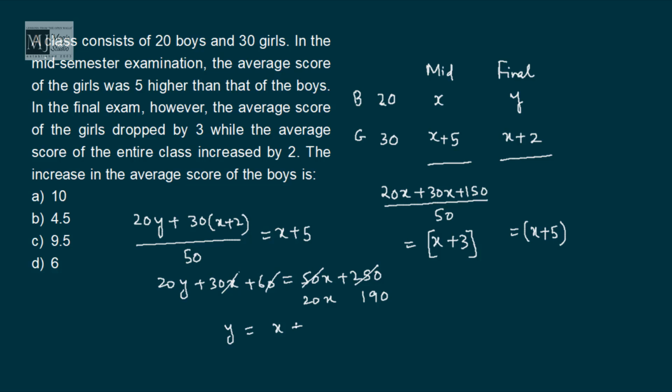So y is x plus 190 by 20, that is 9.5. So average of boys should be x plus 9.5. So the increase in the average score of boys is 9.5. Option C fits in.